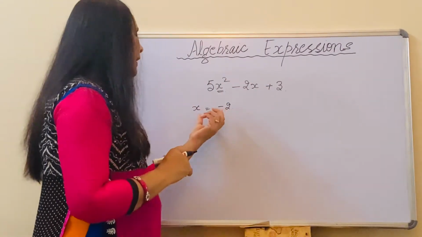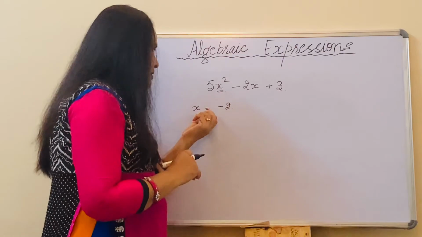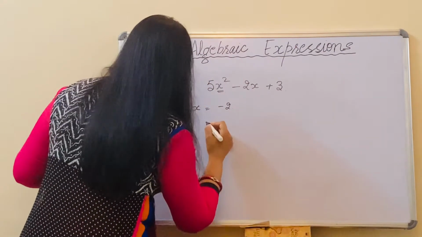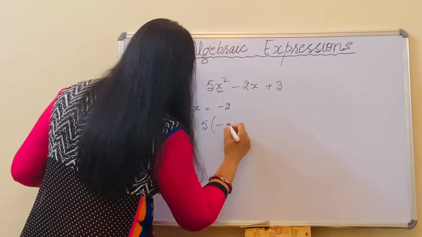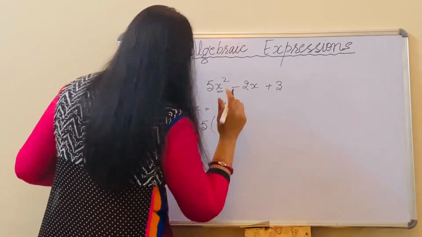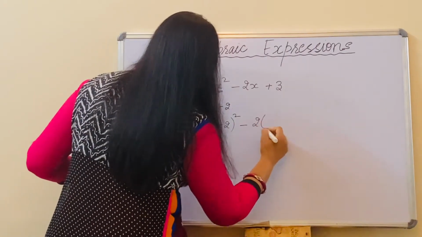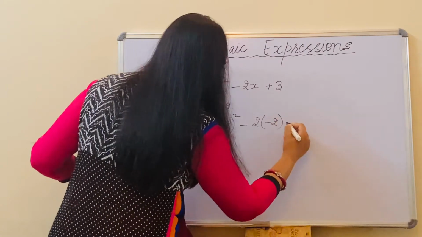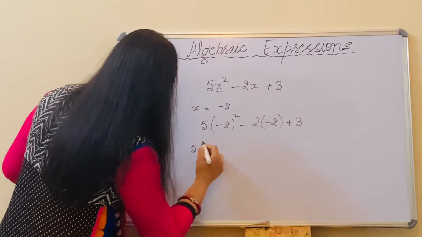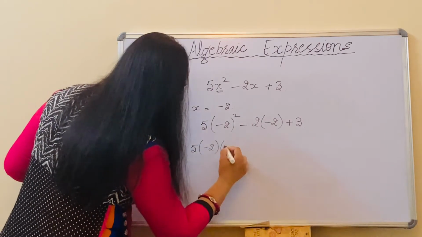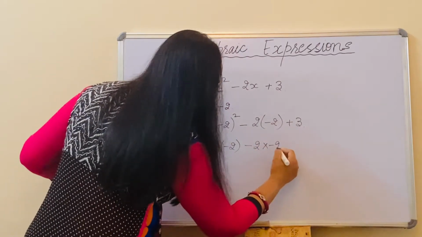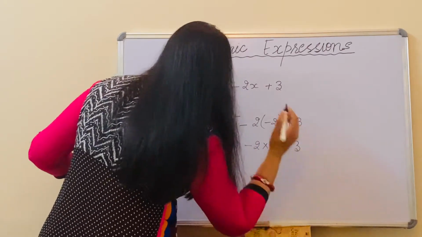You will simply put the value of x, that is -2, in this algebraic expression. How? This is 5 into (-2), as it is having a power 2, we will raise it with the power 2, minus 2 into -2 plus 3.